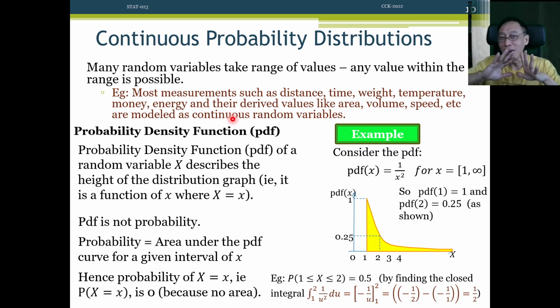And then if you are willing to welcome this continuum of measurements, despite our most sensitive, precise instruments of measurements, be it distance, time, weight, temperature, money, and so on.